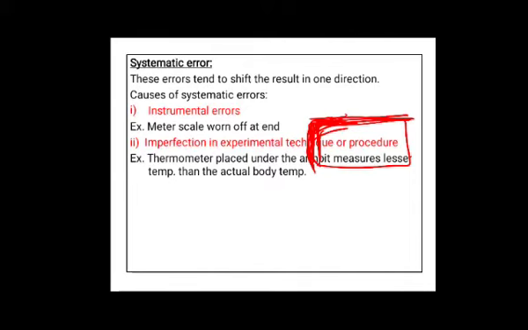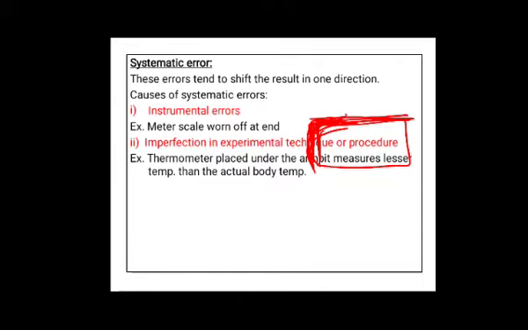Let me take one simple example. Say you are measuring body temperature with the help of a thermometer. While measuring the body temperature, the thermometer must be placed under the armpit, or you can keep the thermometer in your mouth so that you can see the temperature, correct? Usually a difference will be there between these two.